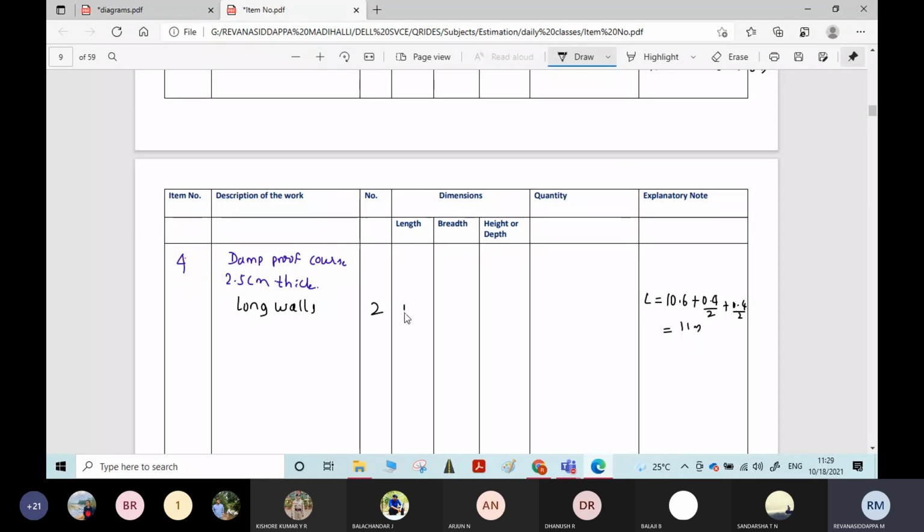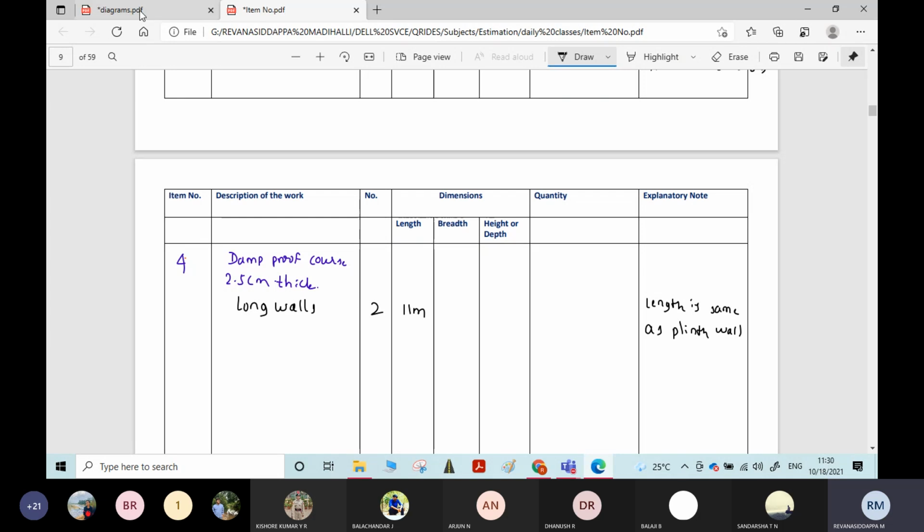Instead of doing the calculation once again, better to write an explanatory note: length is same as plinth wall, 11 meter.